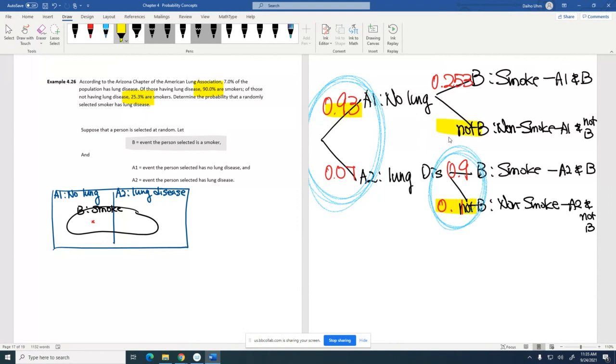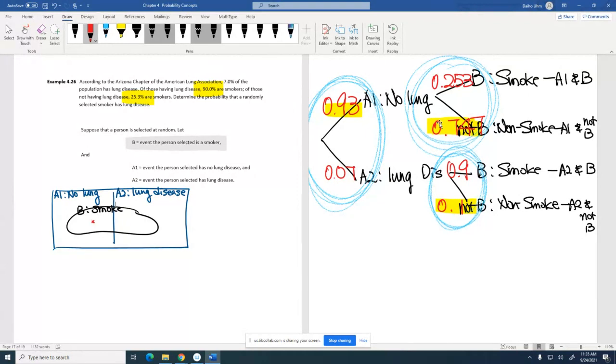How about this one? We knew that is the other 100%. So the second probability will be 0.747.